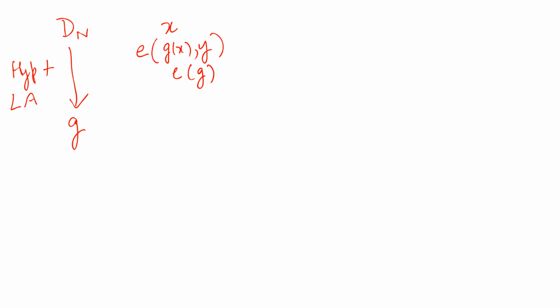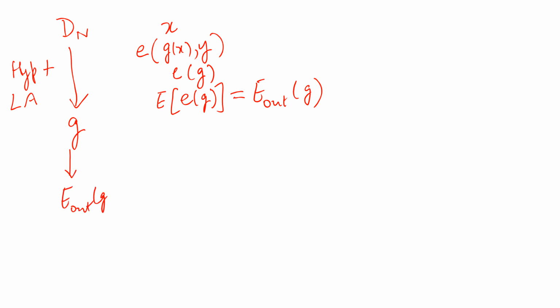If I keep doing that for different random points and different data sets for this problem, and if I just think about only one point, the expectation of this error on g, on average, is equal to E out of g. So the expected error on a randomly generated out of sample data point is nothing but this E out. So we have found a way to estimate E out.